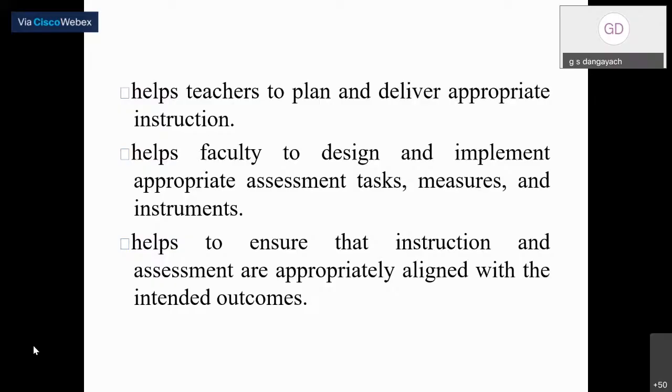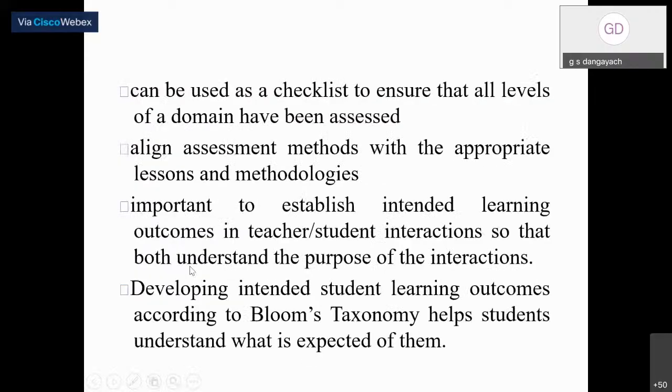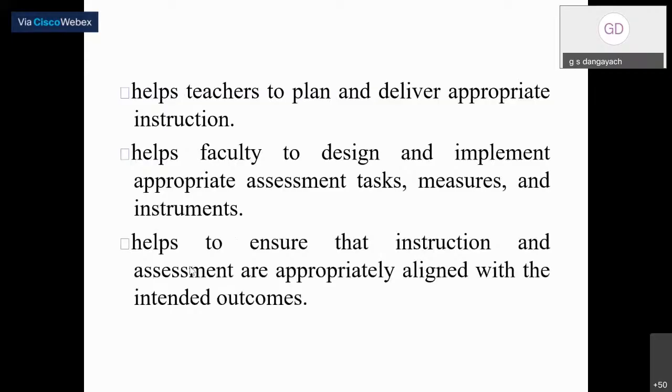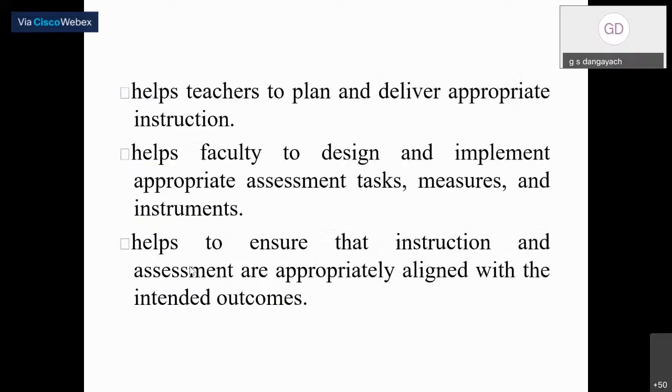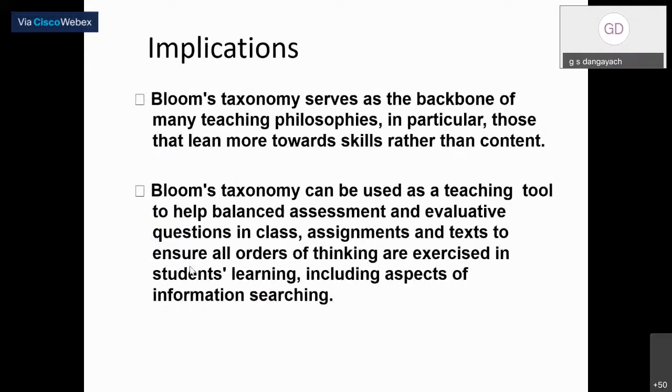It helps faculty to design and implement appropriate assessment tasks, measures, and instruments. So these are the various applications we can see which faculty can use in their day-to-day teaching and learning.